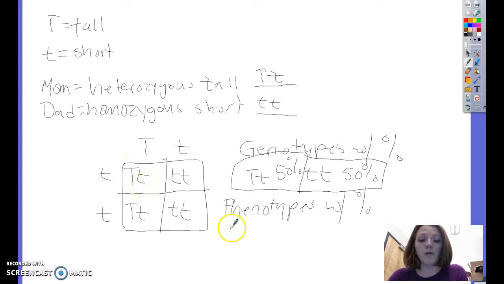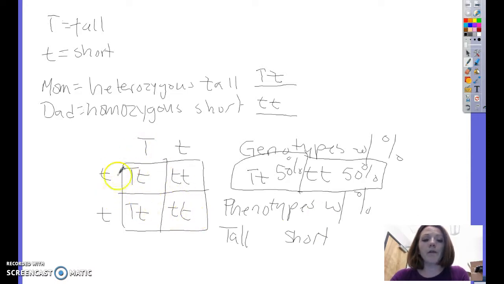And so for phenotype, remember physical, what you actually should see, we have tall, and when we have the little t, little t, what does that person actually look like? Short, right? So we have tall possibilities and short possibilities.